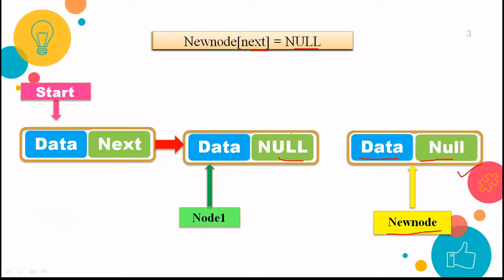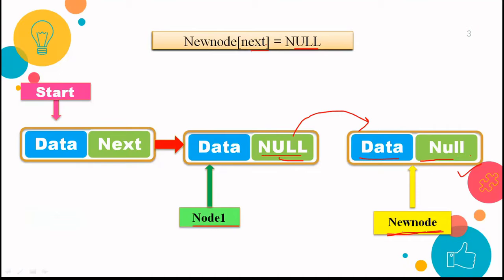And we need to change this pointer also, because this is no more the last node of the given linked list. Node 1 is still storing the address of this node. So in node 1 next, this is node 1 next part, we are going to store the address of the new node.